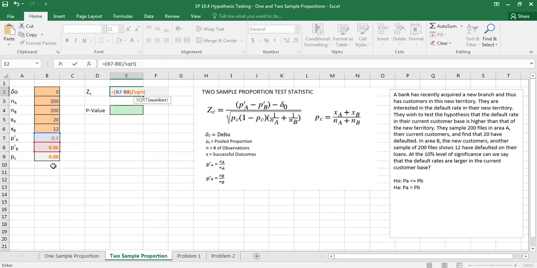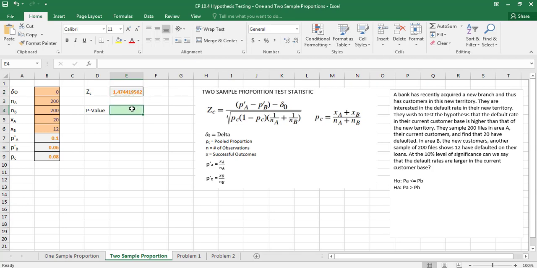We need PC, so we'll click on PC, times, open parenthesis, 1 minus PC, close parenthesis, times, open parenthesis, 1 divided by n sub A plus 1 divided by n sub B. And then we have to close parenthesis one more time to close the whole thing. Press enter, and we get a z-score of about 1.47.